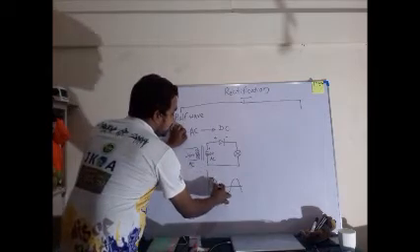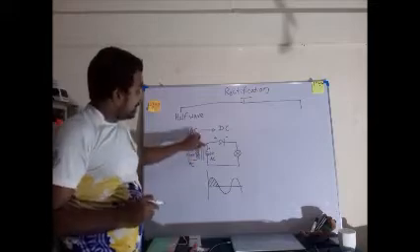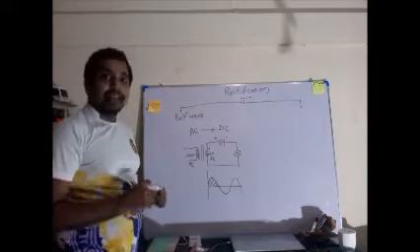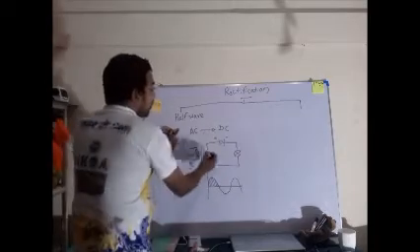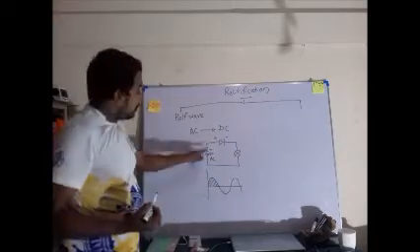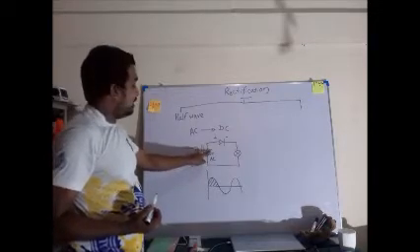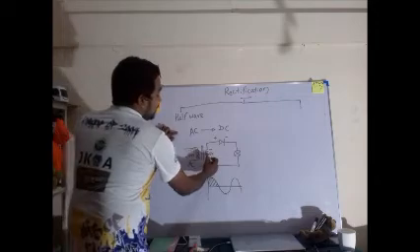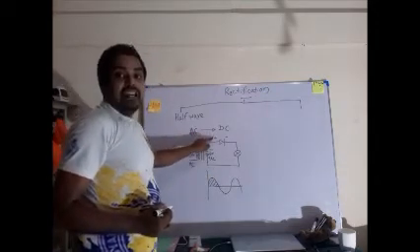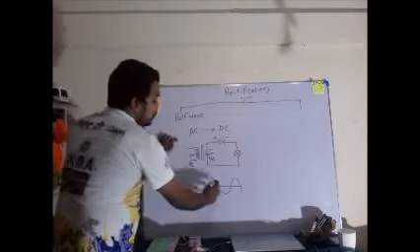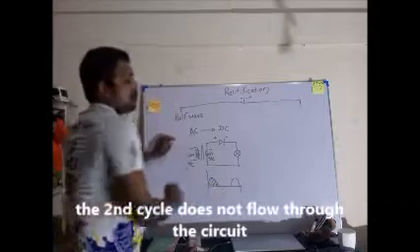I make it darker. It can flow through the circuit because it is forward biased. Next instance, when the alternating current alternates its terminal, what happens to this side? It becomes a negative terminal. Now, does the electric current flow? Negative to positive. It is reverse biased. So, this part of the graph does not flow.